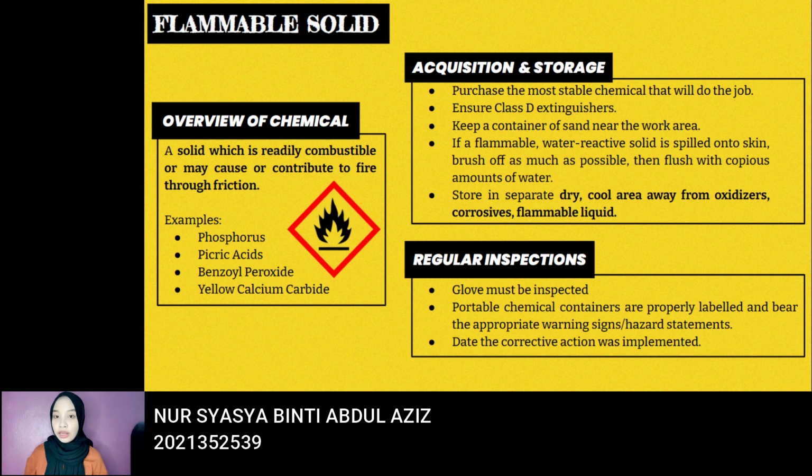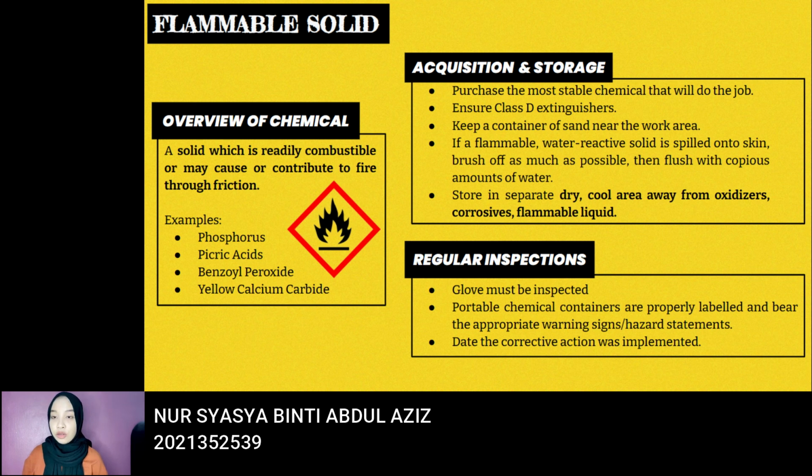My fourth point is, if a flammable water-reactive solid is spilled onto skin, brush off as much as possible, then flush with copious amounts of water. Then, store in a separate dry, cool area away from oxidizers, corrosives, and flammable liquids.